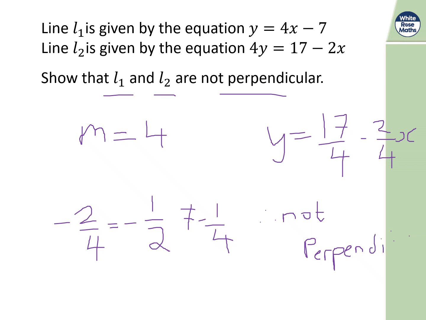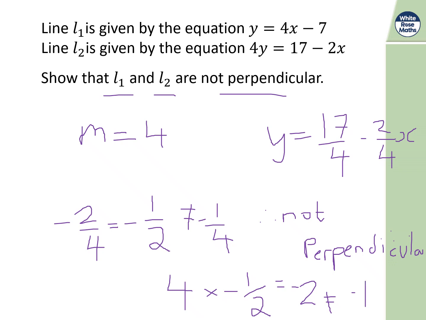You can check by doing 4 times minus a half, which gives you minus 2 and not minus 1. That is another way of showing that they're not perpendicular. So minus 2 does not equal minus 1, therefore not perpendicular.